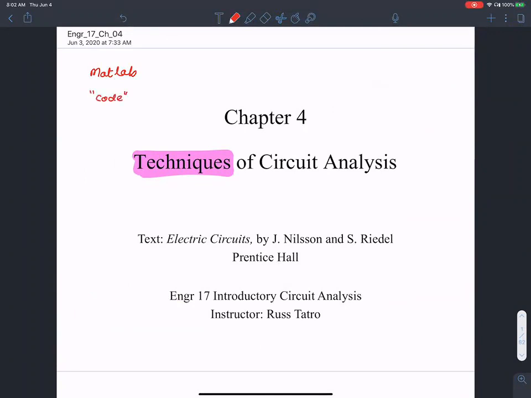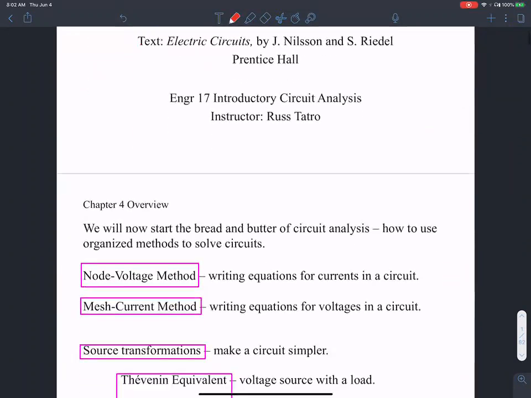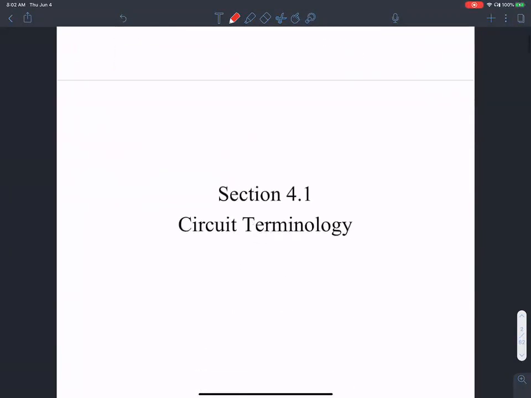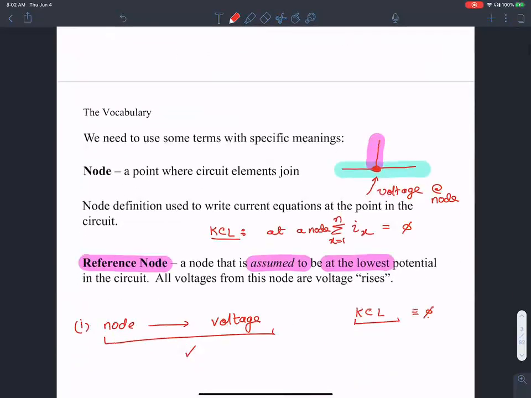Just 3 or 4 simple lines of code that can be used to help you solve a system of simultaneous linear equations. Then we discussed a few nomenclature and terminology items: node voltage method, mesh current method, and source transformations are the big techniques that we will learn in this class.